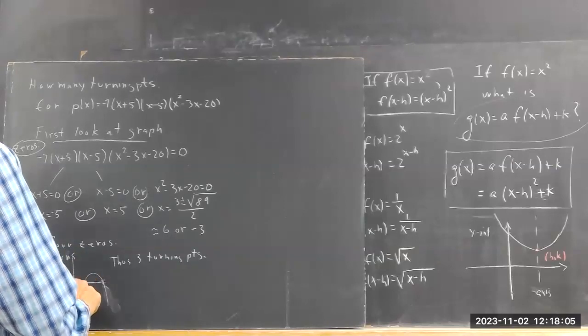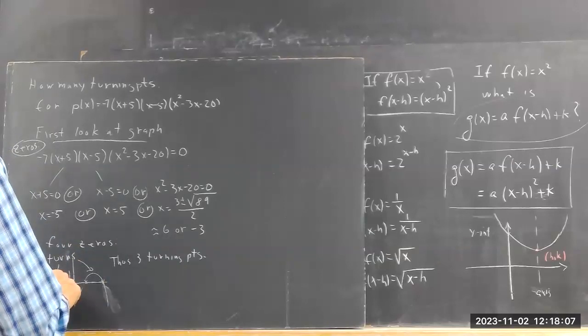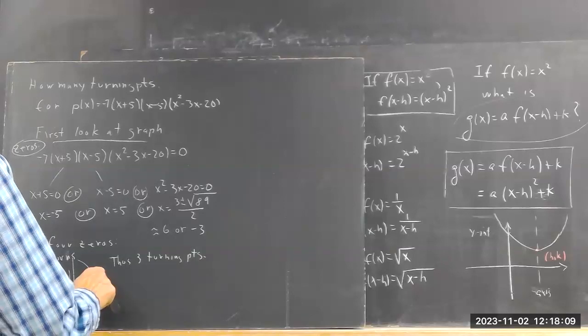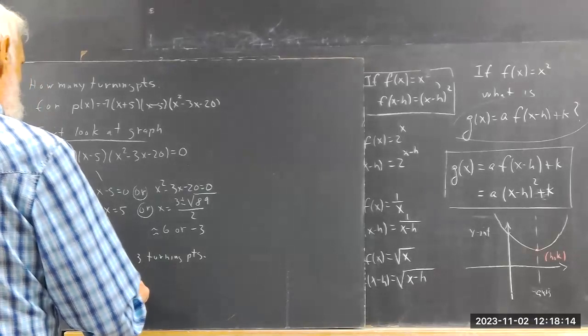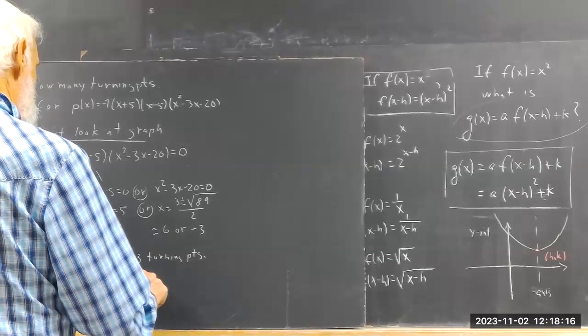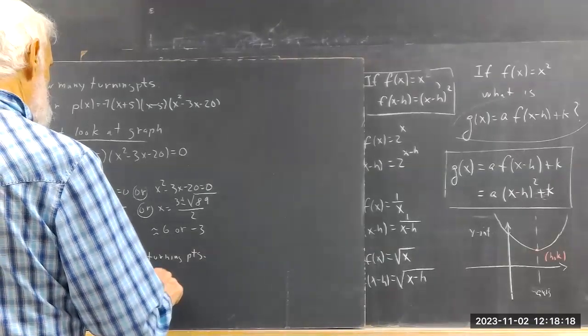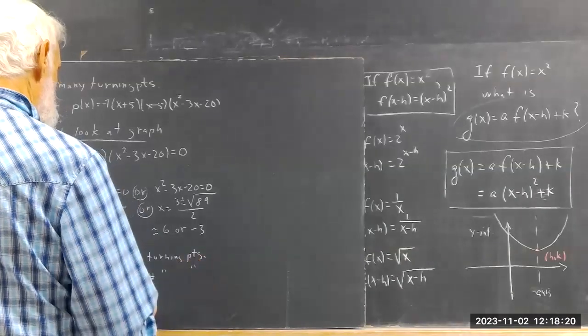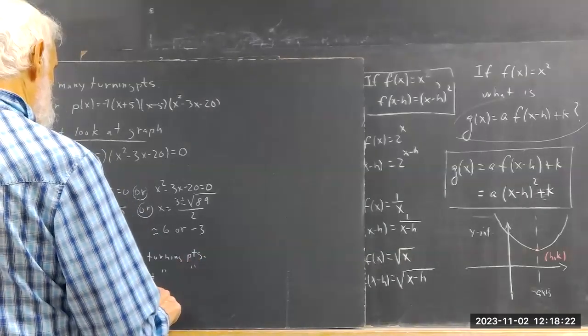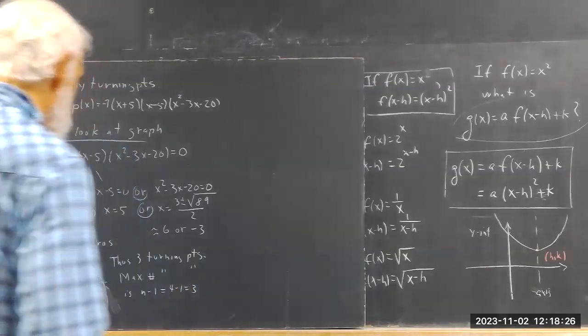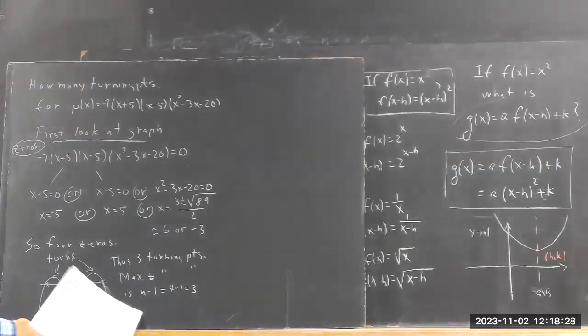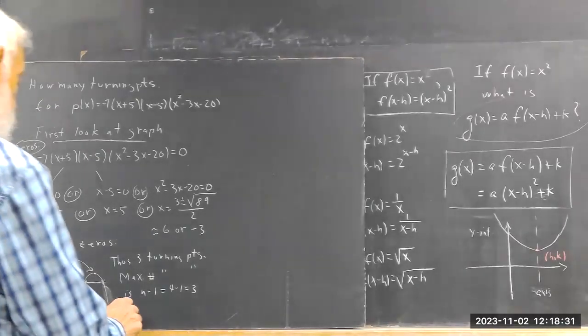We got a turning point here, we got one here, we got one here. Okay, now what's n? N is degree.